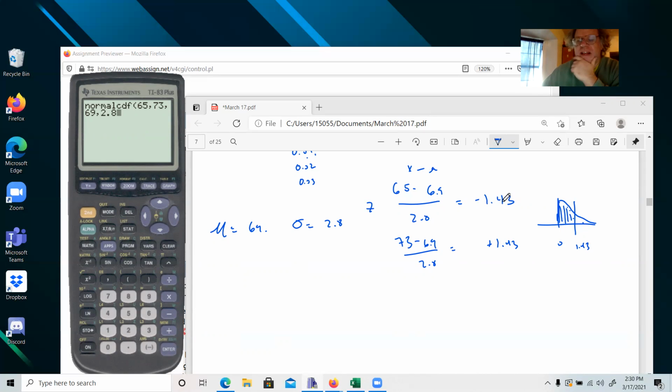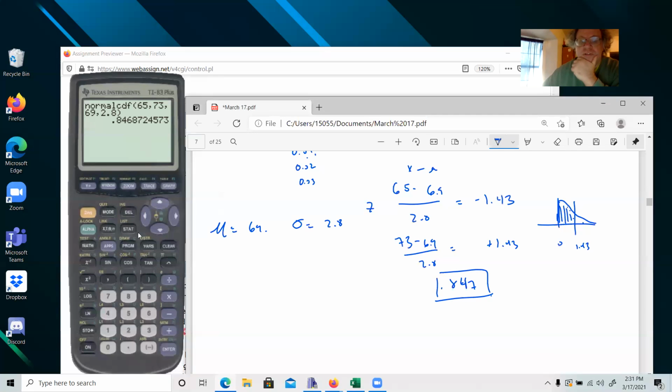I know it's going to be more than 0.68, but it's not going to be huge. It's not going to be close to 1. 0.84 seems about right. So this integral here is 0.847. That's what I want you to do.